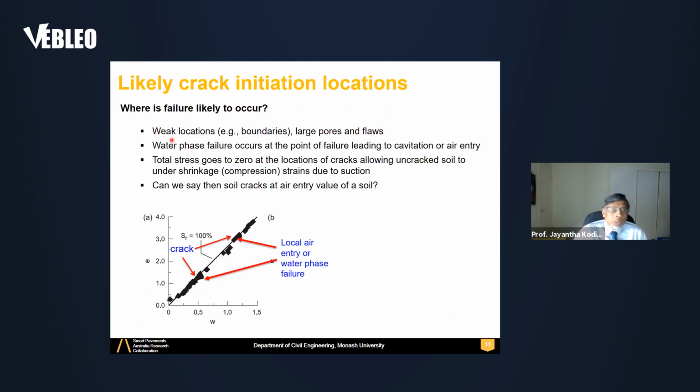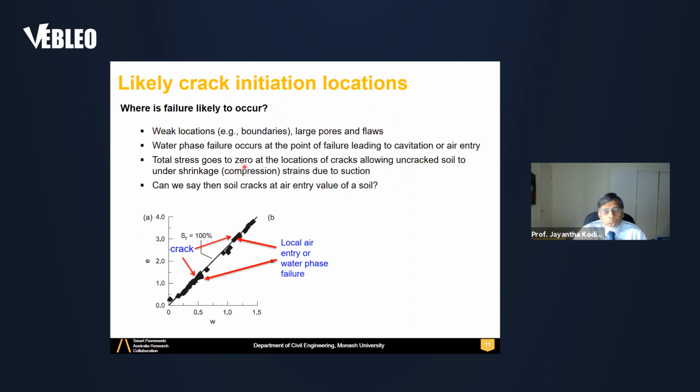Normally, they occur in weak locations: boundaries, large pores, and flaws. Flaws can be minor cracks that were already there, or stress raisers such as large angular particles like sand particles, gravels, and so on. Water phase failure occurs, meniscus failure, at the point of failure, leading to cavitation or air entry.